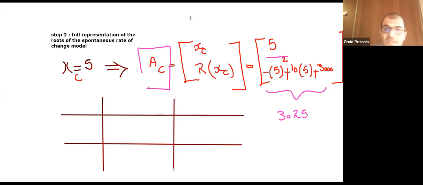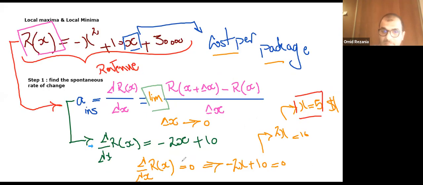At this point, this one represents x C equal to 5, and this is going to be our x-axis. Now here we have our step number 2 equation, which is minus 2x plus 10.